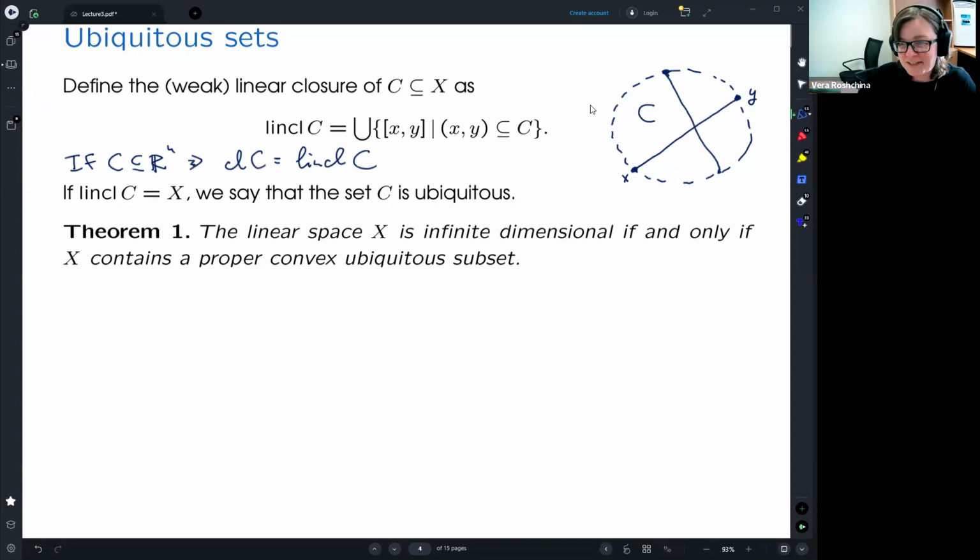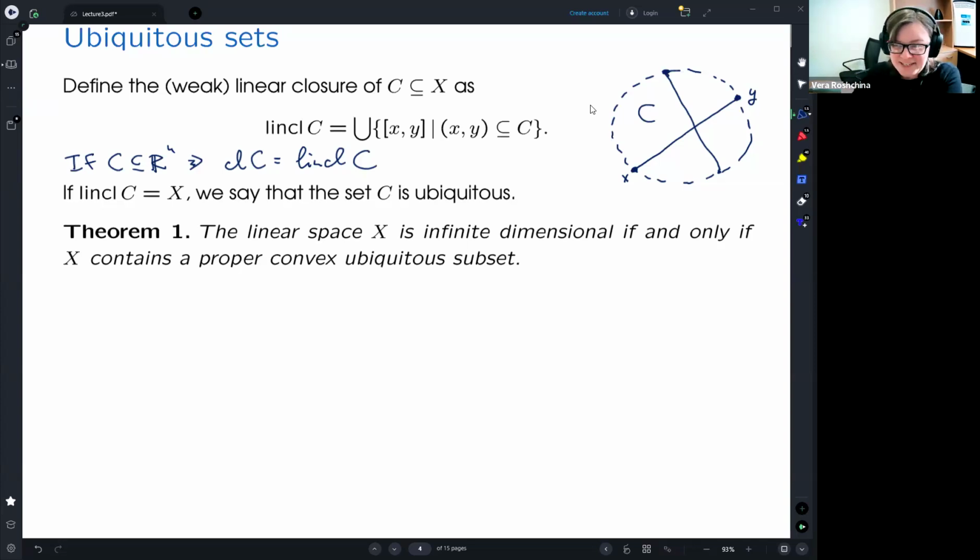However, in infinite dimensional spaces, it doesn't work like this. In fact, we can find some convex set such that this linear closure gives us the whole space. Think about finite dimensions: how is it even possible to have a convex set such that this linear closure is the whole space? So it's a characterization of finite dimensional versus infinite dimensional space.